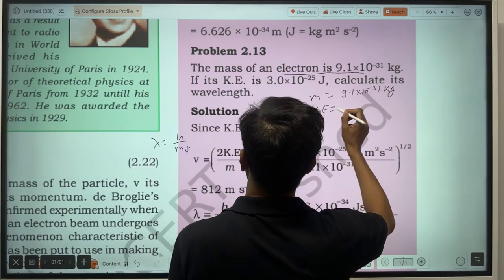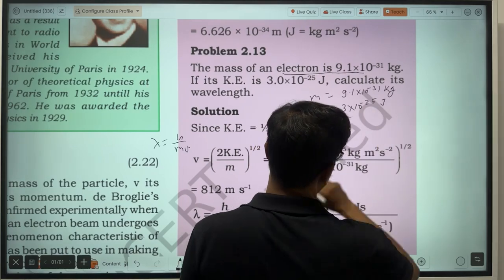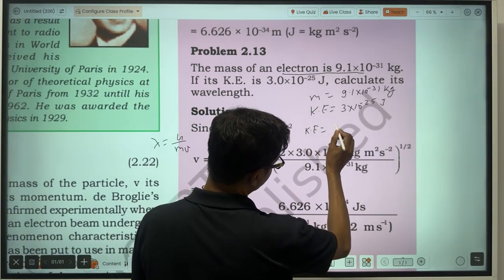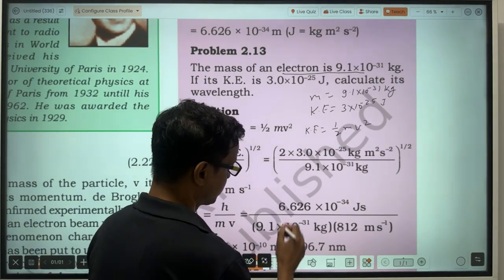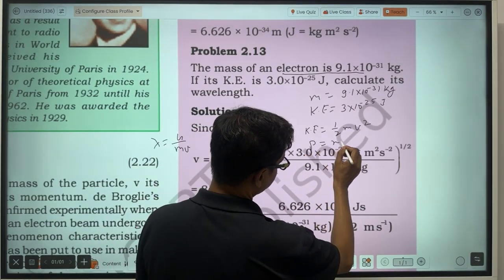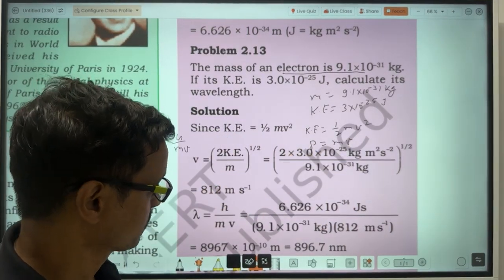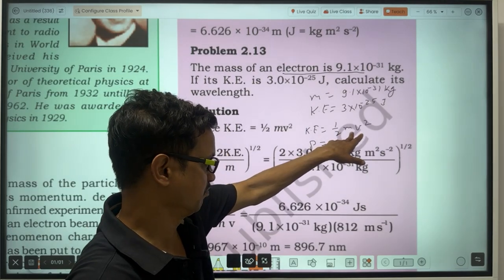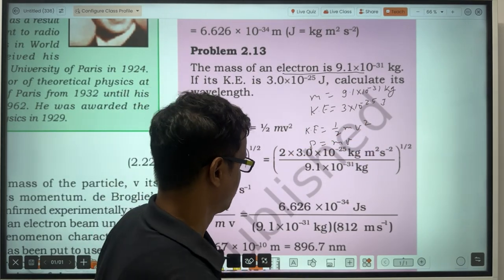Kinetic energy is half mv square, and momentum is mv. How to convert? Multiply the equation by m above and m below.